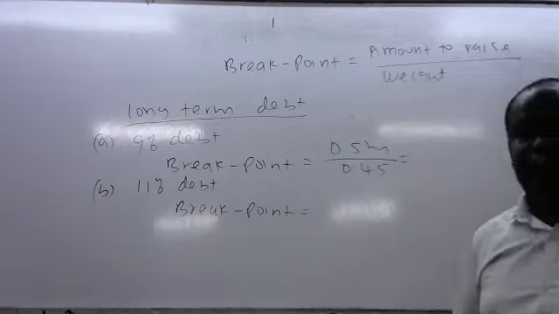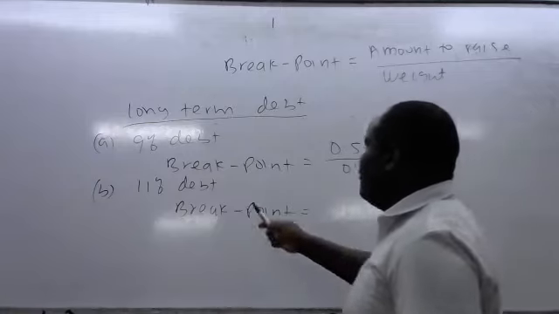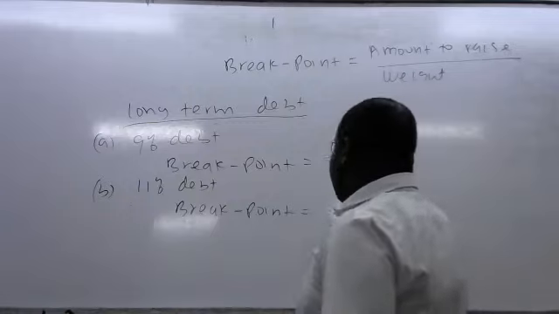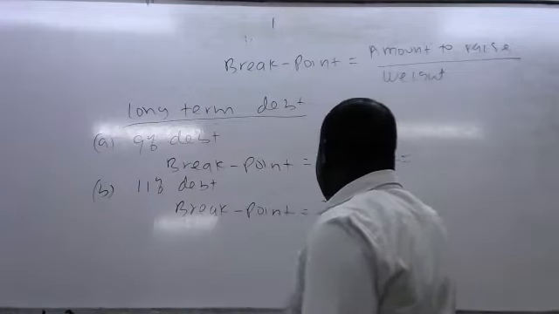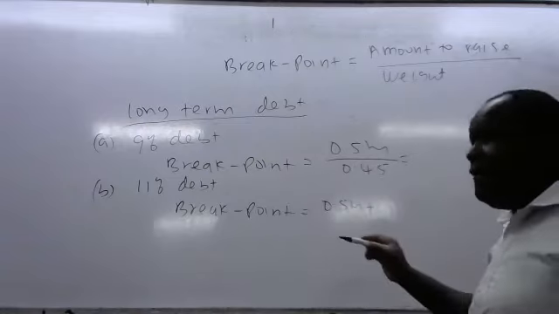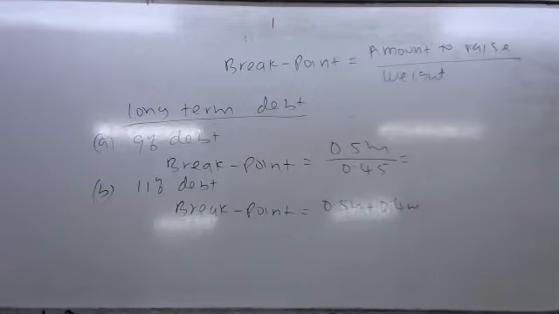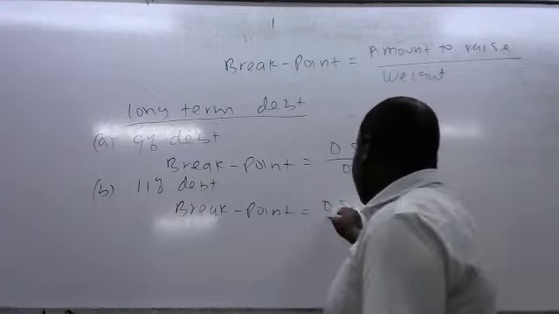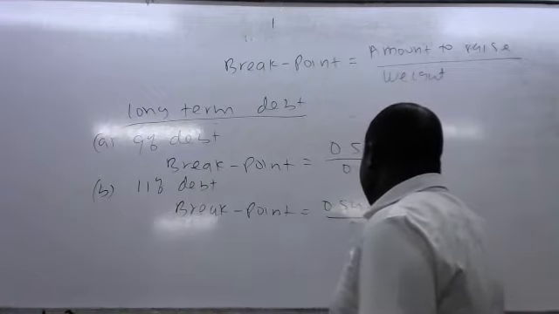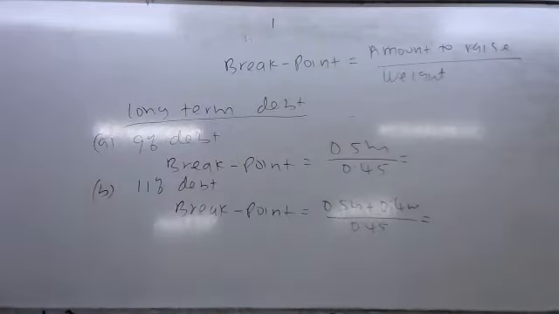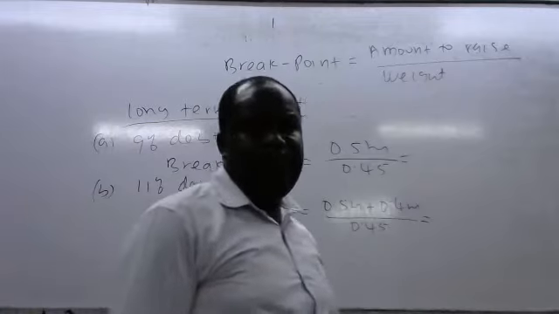Before I compute for that, I must first include the one for the 9%, which was 0.5 million. Then I add the 0.4 million to make it 900. It should be cumulative because they are using the same proportion, so you divide by 0.45. When I go to the one for 11%, I must also include the one for the 9%.